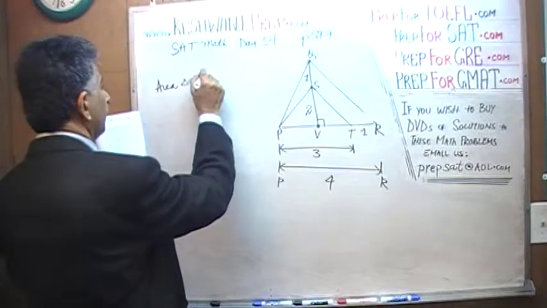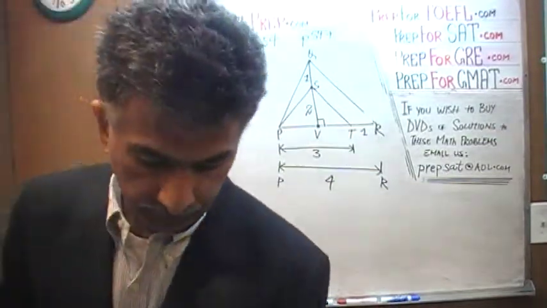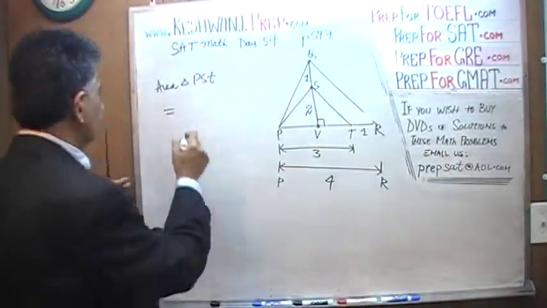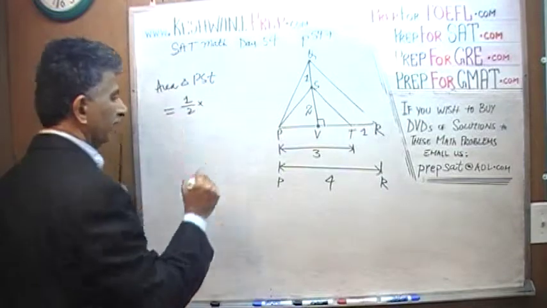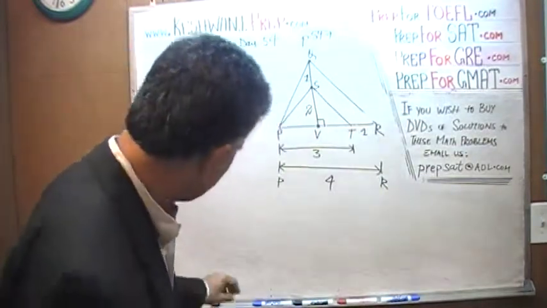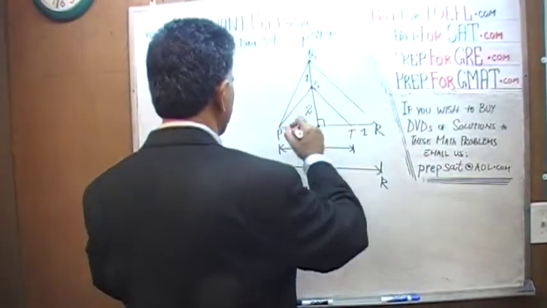First, let's find the area of triangle PST. How do we find the area of a triangle? The area of a triangle is simply 1/2 base times height. Let me put PST in a different color so we can see it.